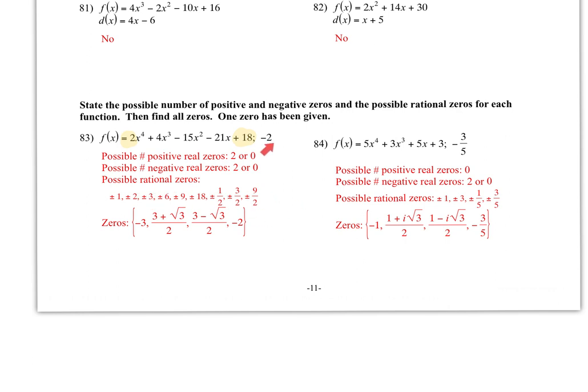And then it says a 0 has been given. So we know we have 1 zero. We can use synthetic division to find another 0. We can use quadratic formula to find another 0. We have listed all of our possibles. So I typically start with positive and negative 1. So like here, they gave me a 0. That means I can divide by that. And then I can find another one by starting with 1 or negative 1.